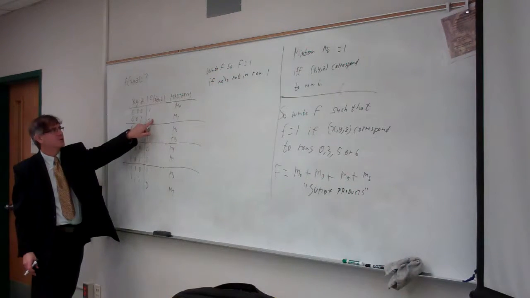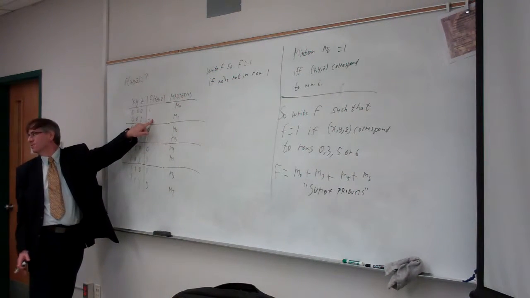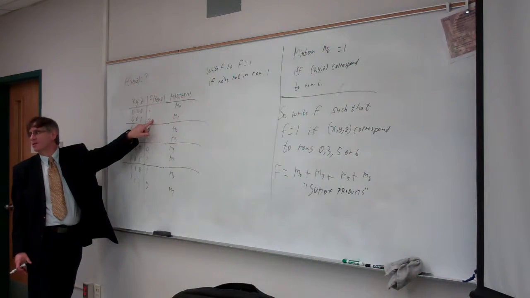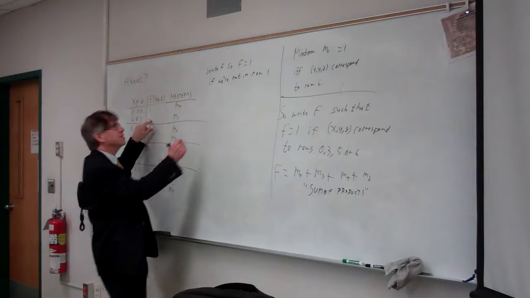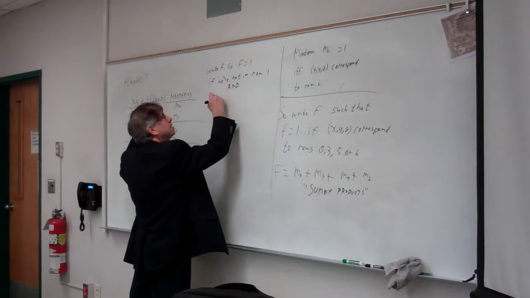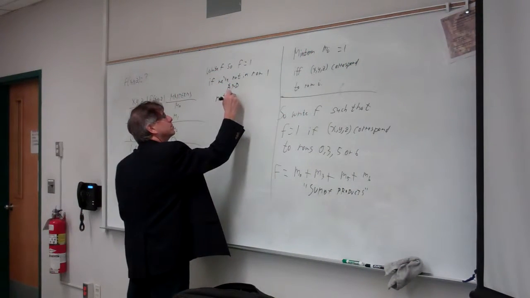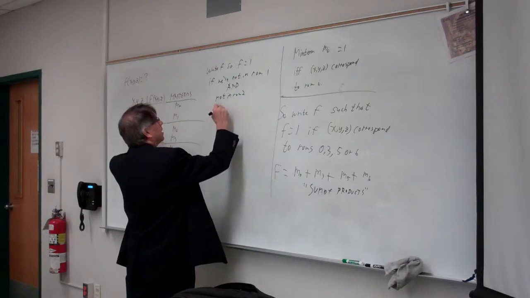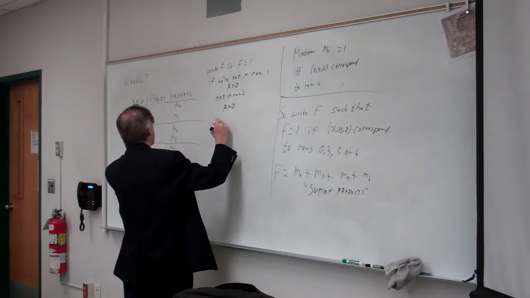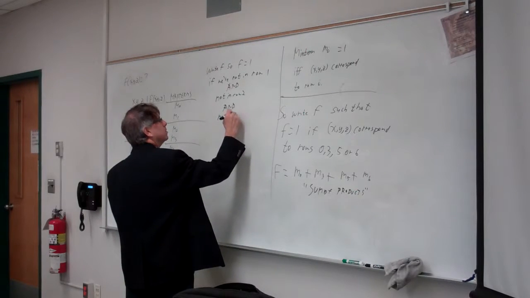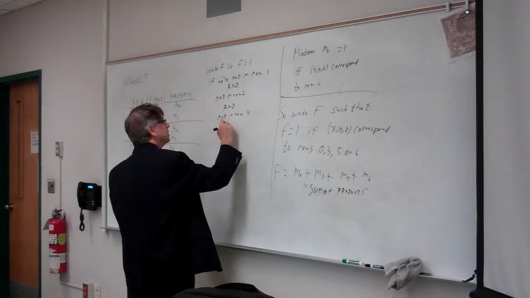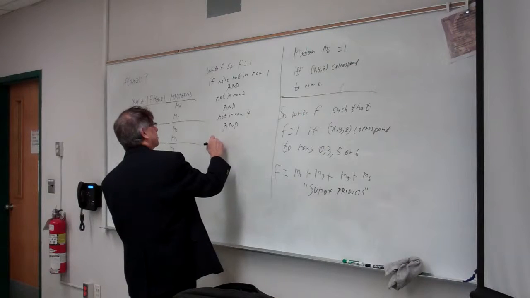So if we're in row 1, our function is going to be equal to 0. The cases where our function will be 1 is if we're not in row 1 and we're not in row 2 and we're not in row 4 and we're not in row 7.